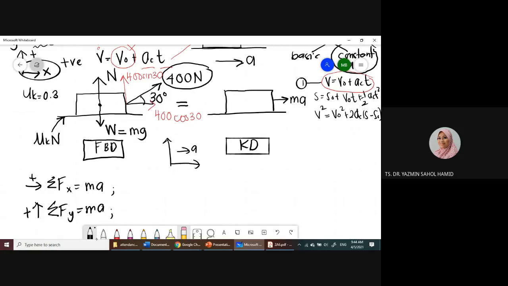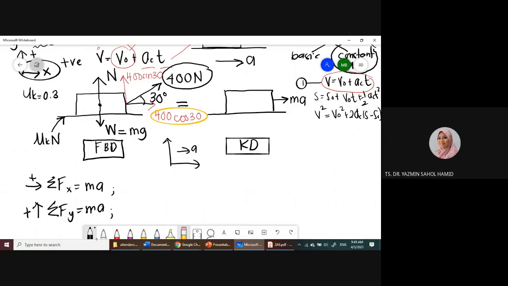So let's have a look at what is in the x coordinate. We have 400 cos 30. Do you have anything else in the x coordinate? Friction. Yes. This is another thing students always make mistakes on. Since the acceleration is moving to the right, the friction should be in which direction, the same direction or the opposite direction?